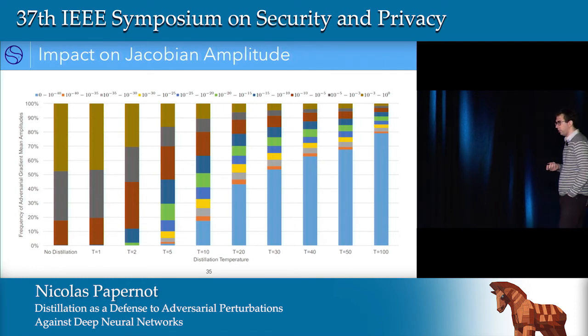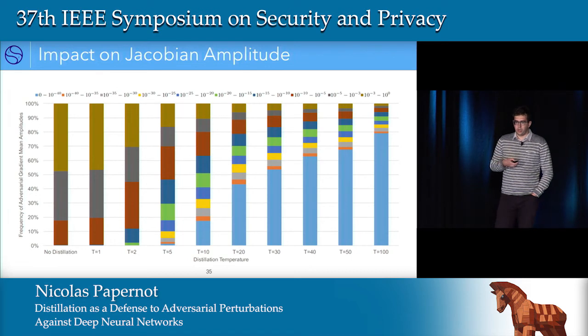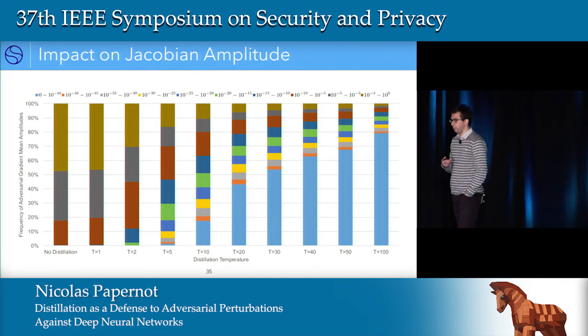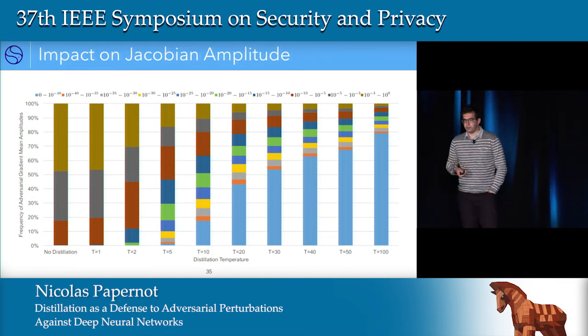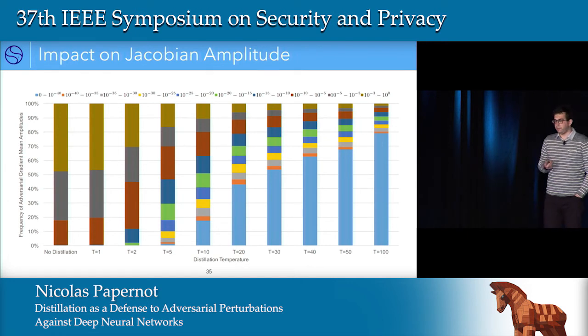You can see that initially the Jacobian amplitudes are between 10 to the minus 3 and 0. And as you gradually increase the temperature, you decrease the Jacobian amplitudes down to 10 to the minus 40. So there is a reduction by a factor of 10 to the power 30 of the Jacobian amplitude, which effectively smooths the model's decision boundaries.